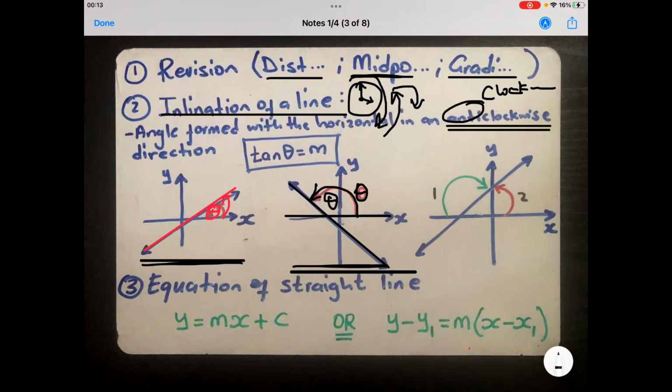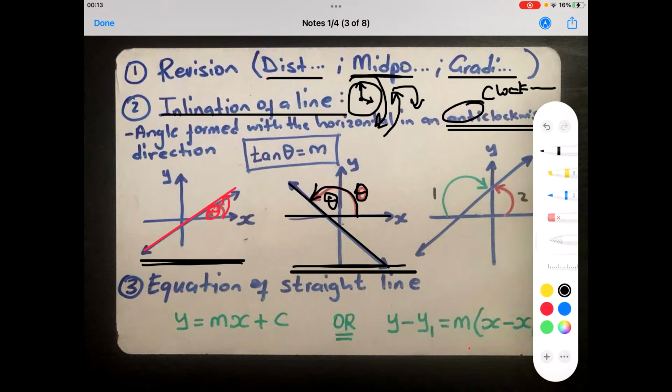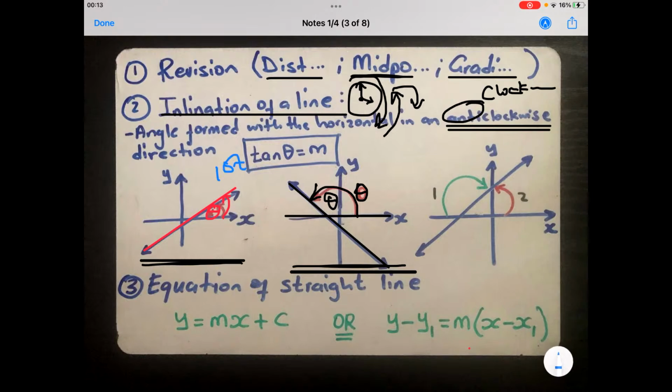The only difference is that you've got two lines where one line ends in the first quadrant and the third quadrant, which means this line is the one that has a positive gradient, whereas this one ends in the second quadrant and the fourth quadrant, which means this is the line, remember, which has a negative gradient.